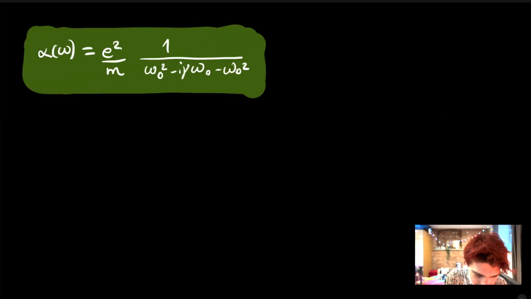So in previous videos, we have discussed the formula that the macroscopic polarization is equal to epsilon naught multiplied by chi, which is the electric susceptibility, times the electric field. So there's a linear relationship between the external electric field and the macroscopic polarization that the dielectric experiences.